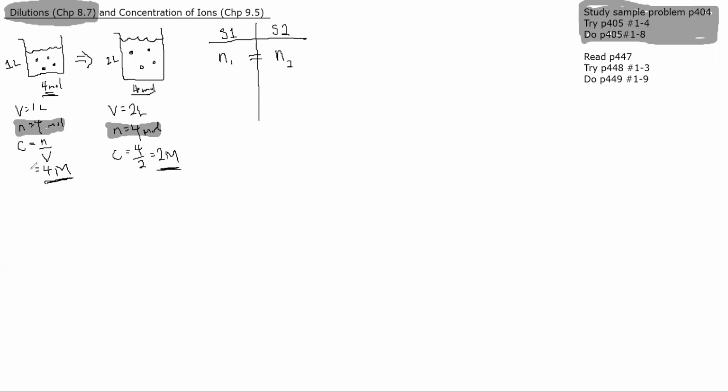So that means there is something else going on. The volume and the concentration, as you know, is connected by number of moles. Remember, if C is equal to N over V, multiply both sides by V. What is N equal to?